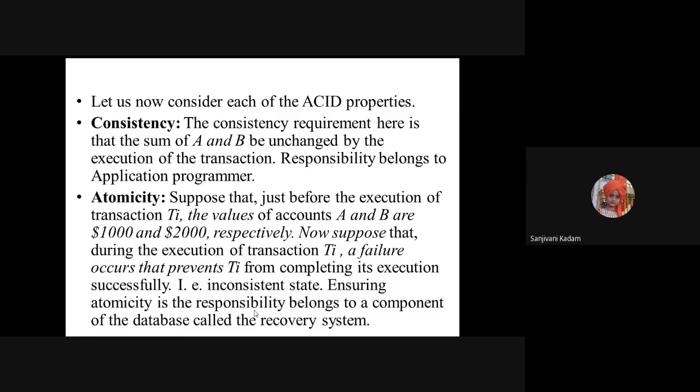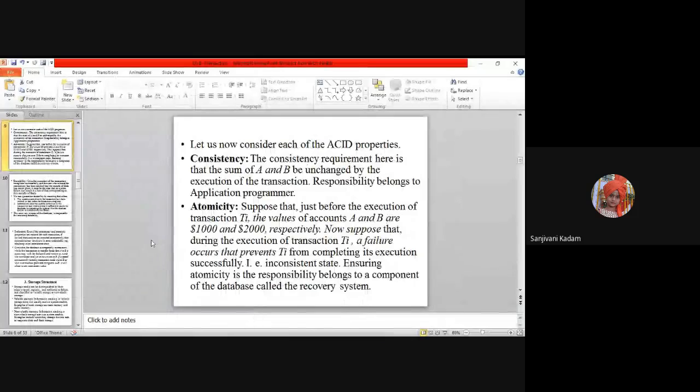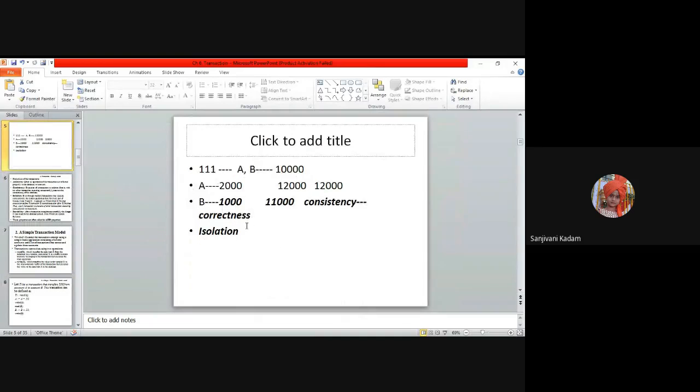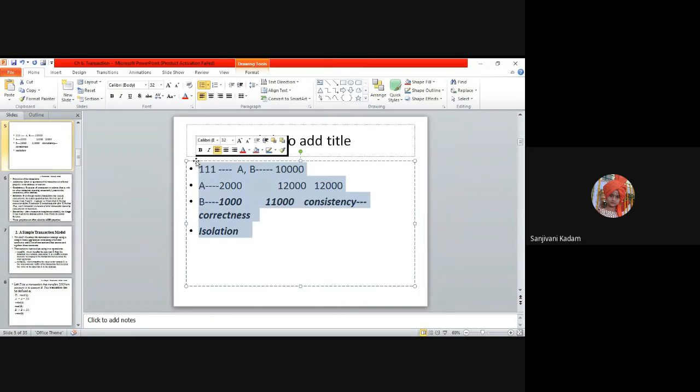We may take a case that before transferring 50 from account A to account B, whatever the sum of these two values is, the same sum will be there after performing the transaction. I will explain this. What is meant by this first property, consistency? So here we are implementing consistency.